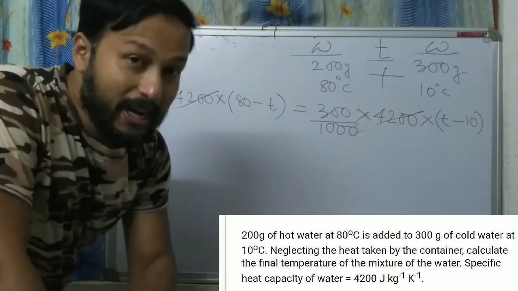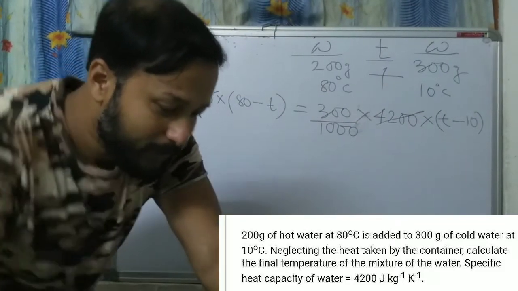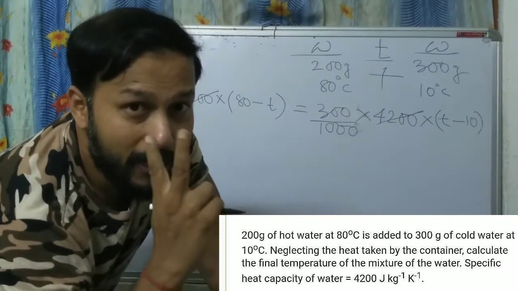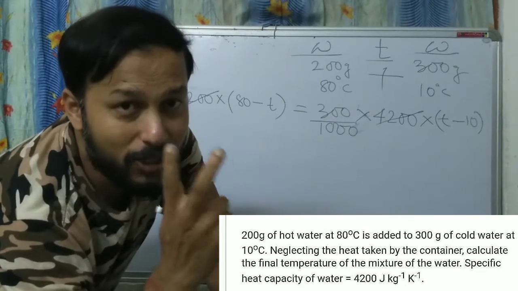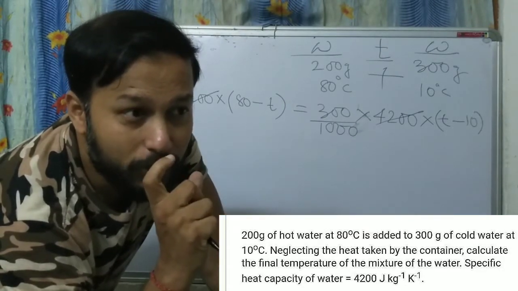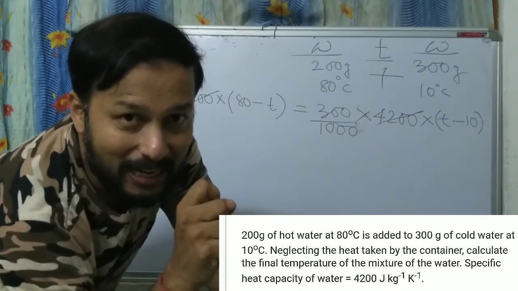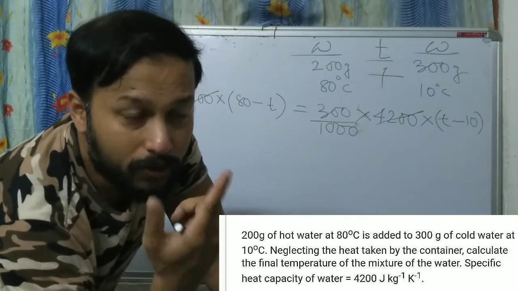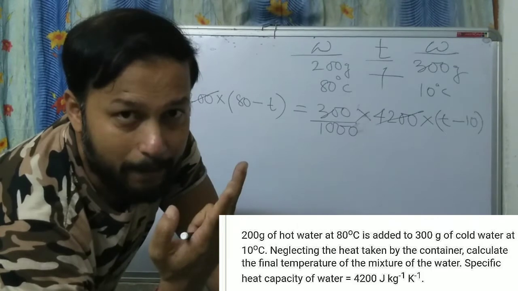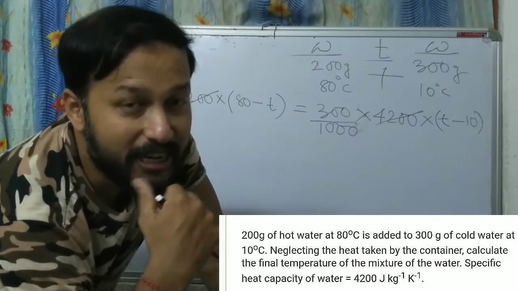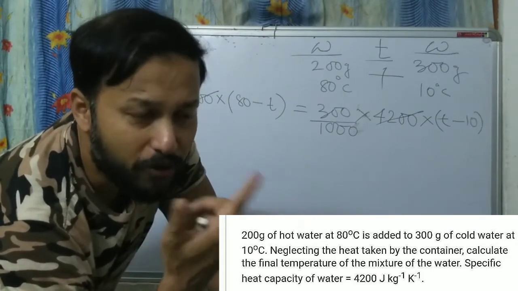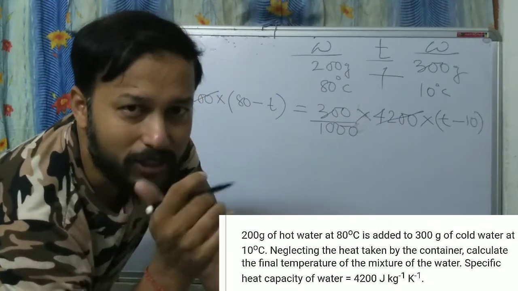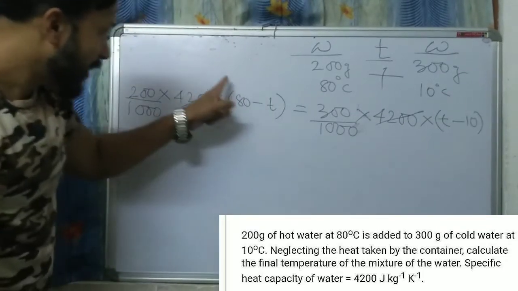Understood? Actually, when two liquids are the same, meaning both the liquids you are mixing are the same, then the specific heat capacity, if you do not write it, no problem, because ultimately you are going to cancel them.